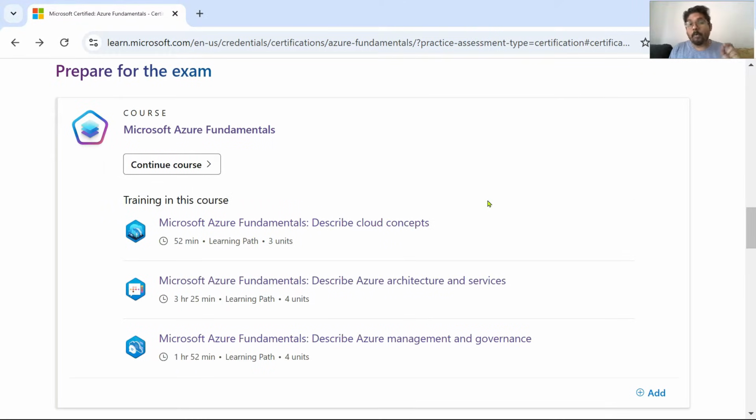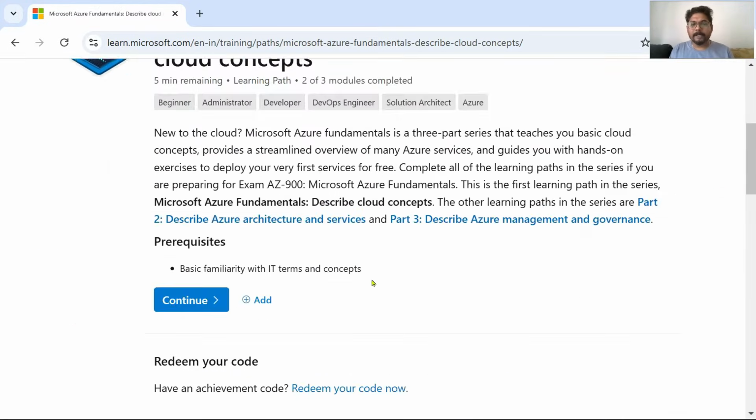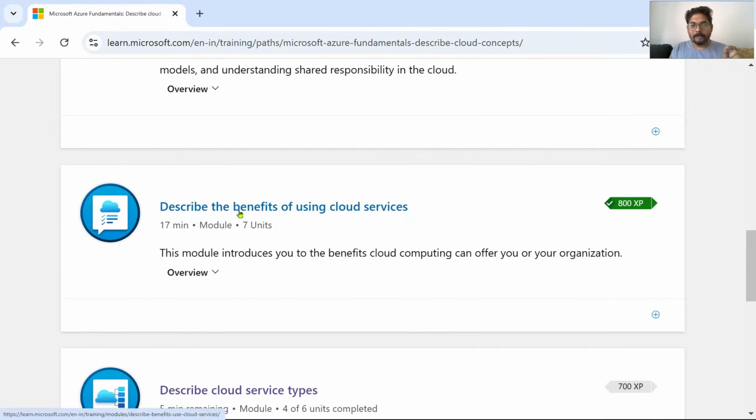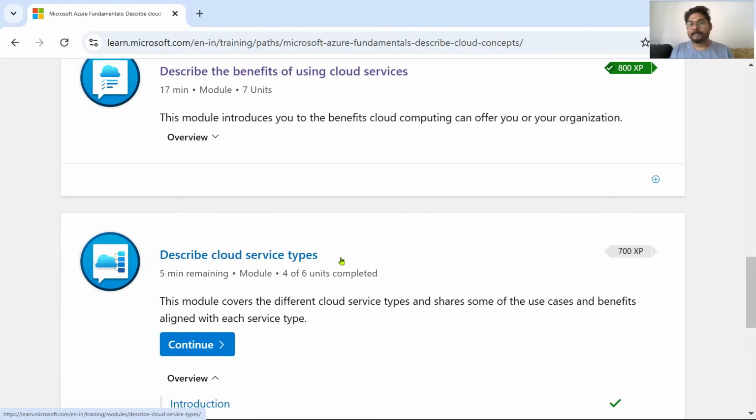Now let's see what you are going to truly study. The first topic is describe cloud concepts. If you go inside this topic, it has three important modules: describe cloud computing, benefits of using cloud services, and cloud service types.